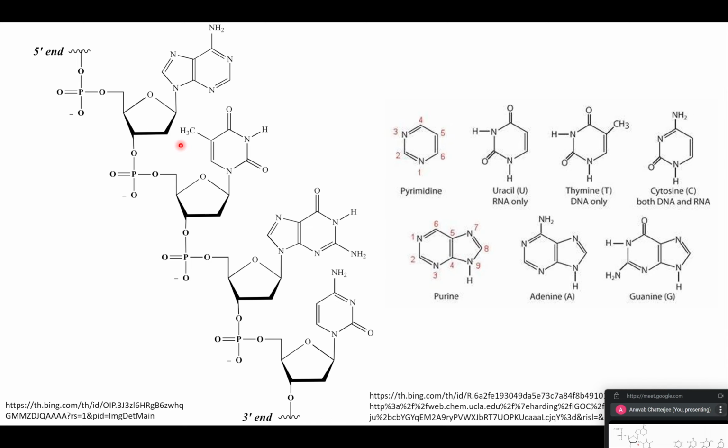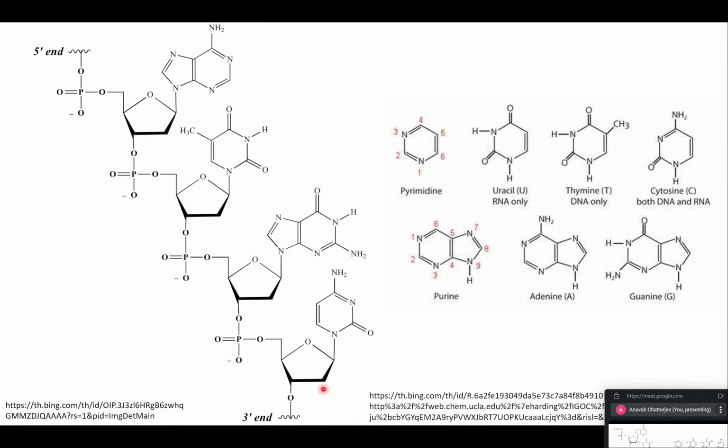As the name follows, RNA is ribonucleic acid and DNA is deoxyribonucleic acid. So there is a removal of an oxygen atom in DNA. In case of RNA, there would be an OH present right here, in the second position of the ribose sugar.